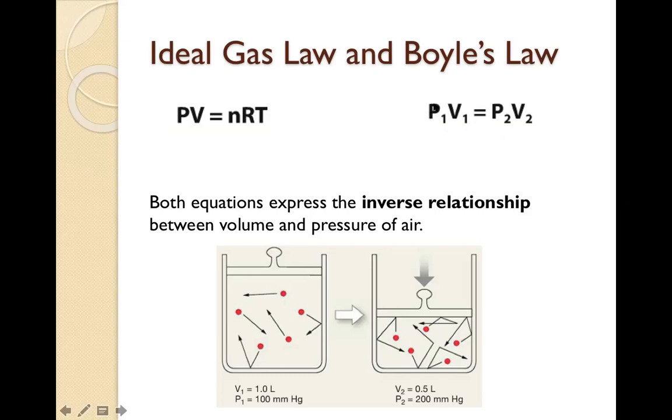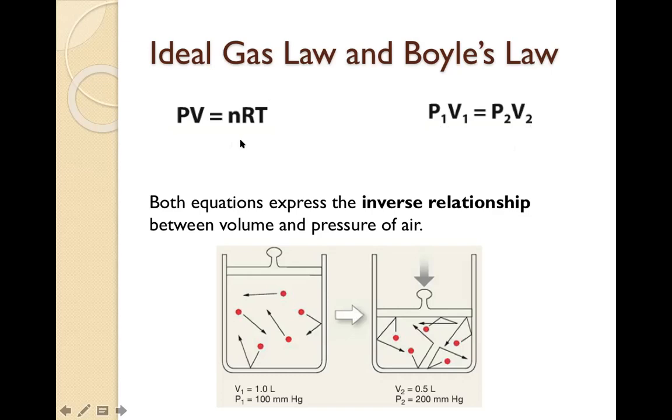So the pressure and the volume are on different parts of the fraction, so it's an inverse relationship. As pressure goes up, volume goes down. Same thing happens with PV equals nRT. If you solve for volume, pressure and volume are an inverse relationship.